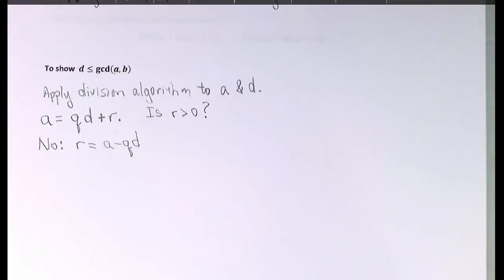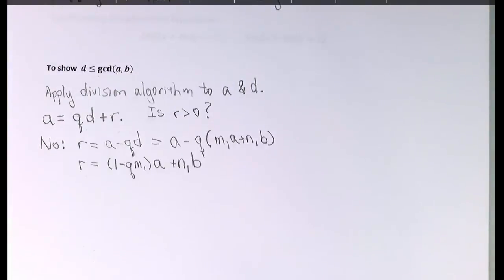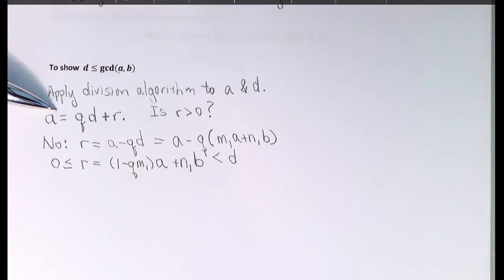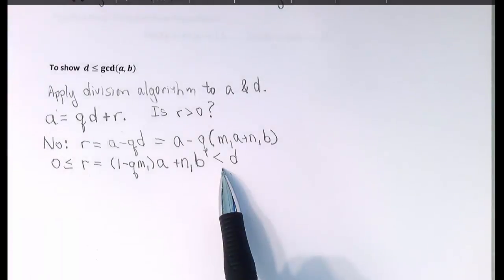The answer must be no, because we can write D as a linear combination of A and B. We can now rearrange to obtain this form. But remember, R is the remainder we obtained from the division algorithm. Therefore, R must be greater than or equal to 0, and it must be strictly less than D.